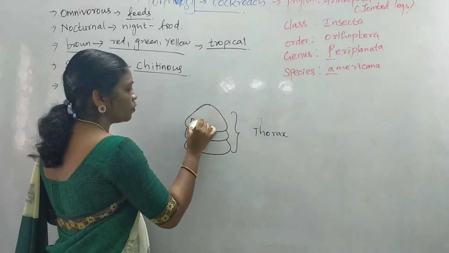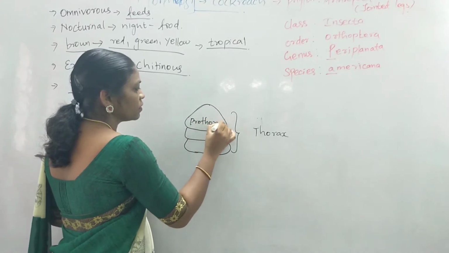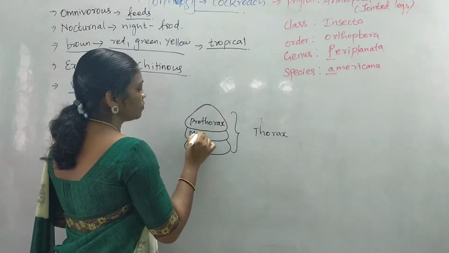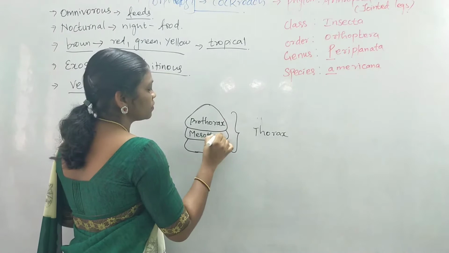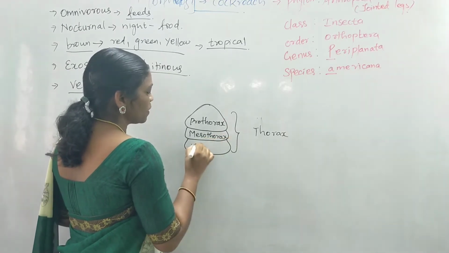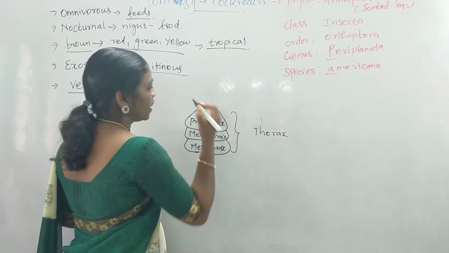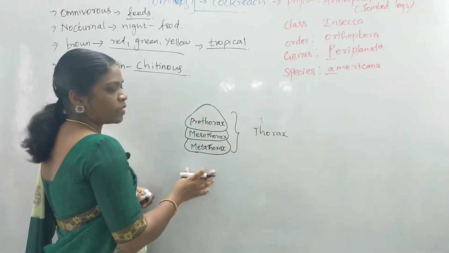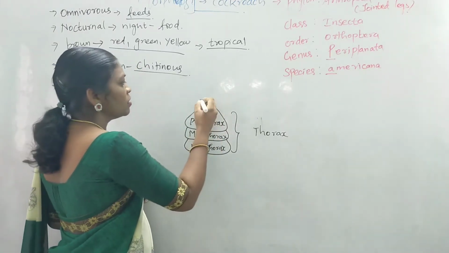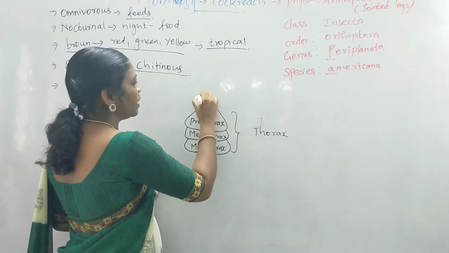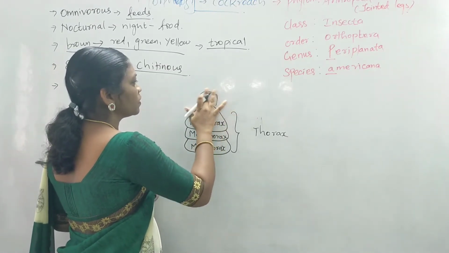This is prothorax, mesothorax, and metathorax. Among these three thorax segments, the prothorax is the larger one.